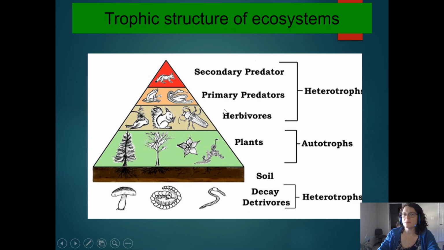Okay. So this is herbivores, primary consumers, secondary consumers, and on up. It does reduce in number. We're going to talk about why it reduces in number. At the base also is another kind of heterotroph, the decomposers. Okay, so the consumers are up here, producers are down here.